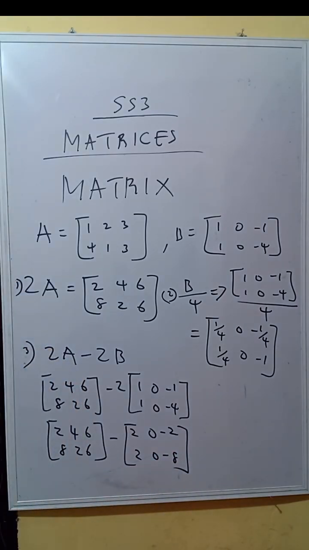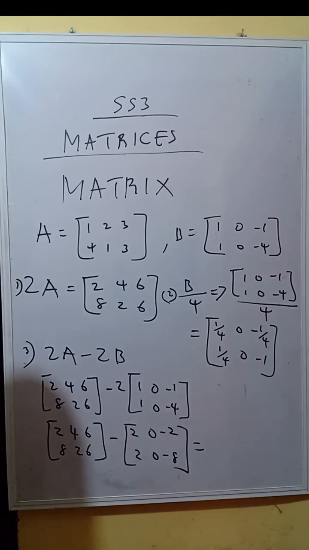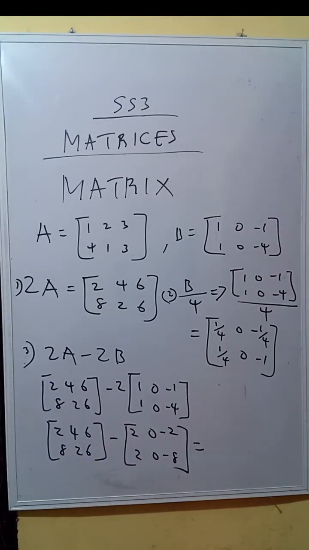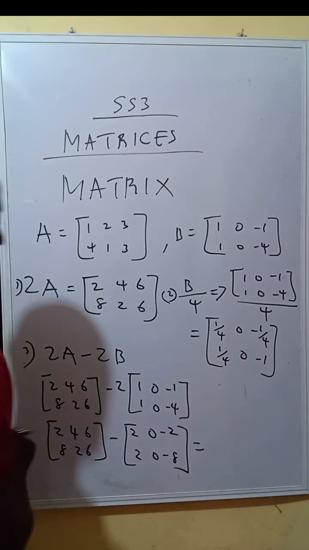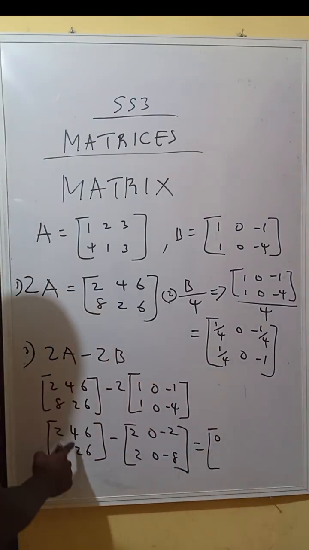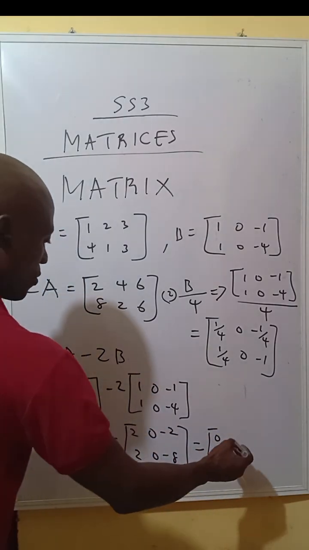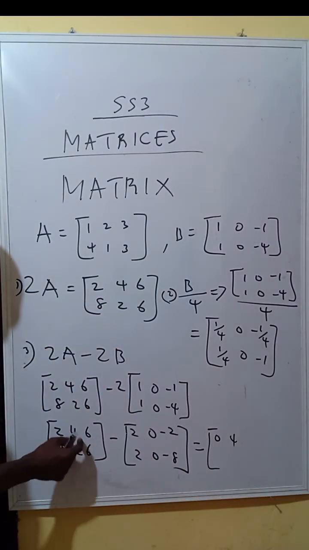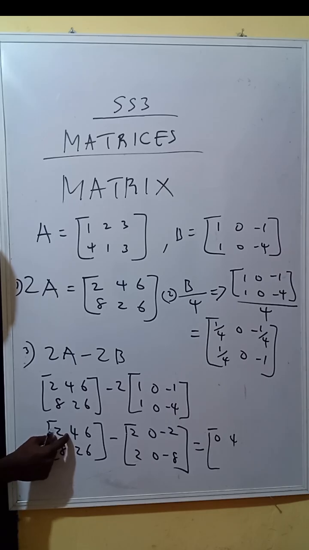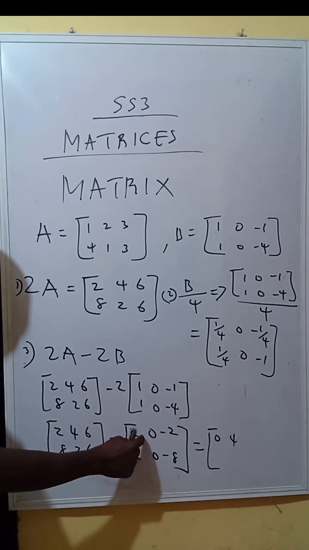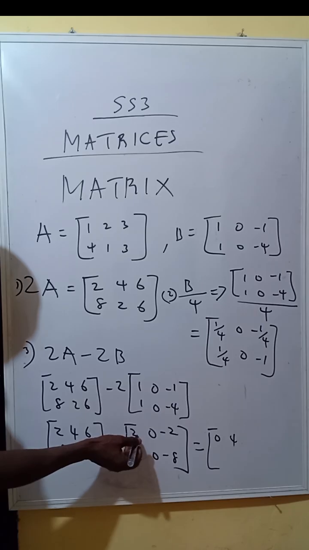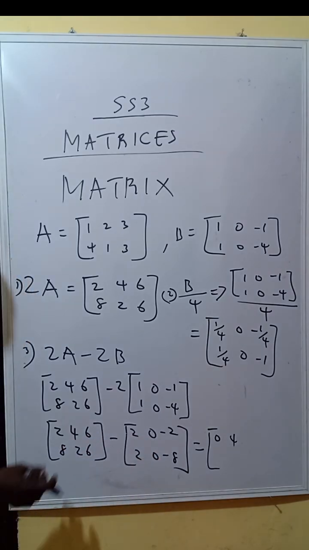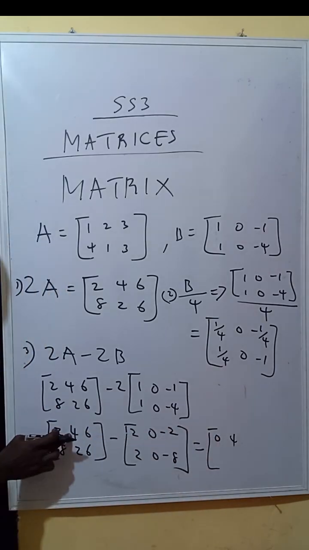Yes. So now let's subtract. Sorry about that, I'm trying to confirm this. 2 minus 2 is 0. 4 minus 0, 4. Don't forget, this minus this. Each element here, we subtract the corresponding element in the same position in the other matrix. 2 minus 2, 0. 4 minus 0.